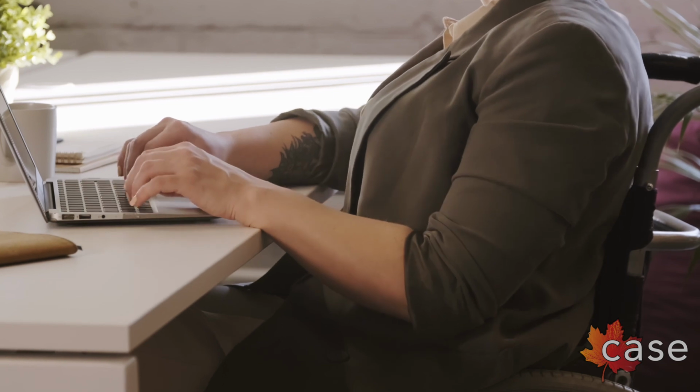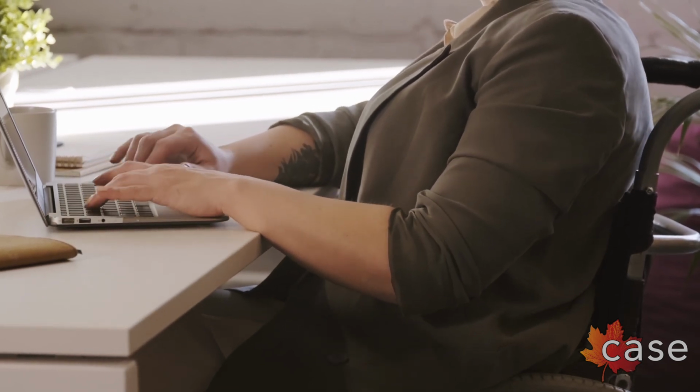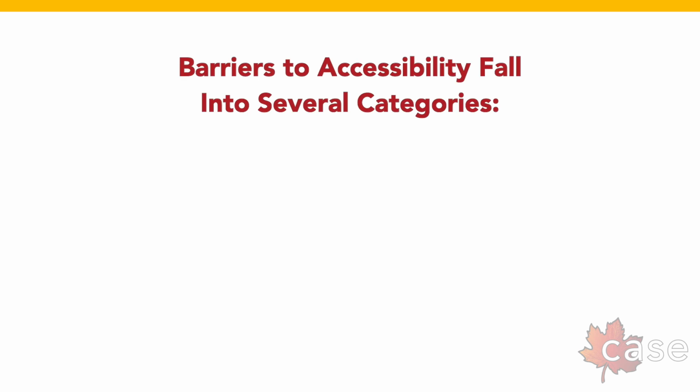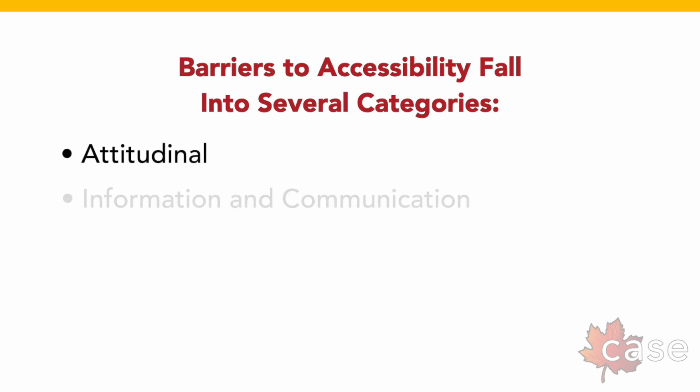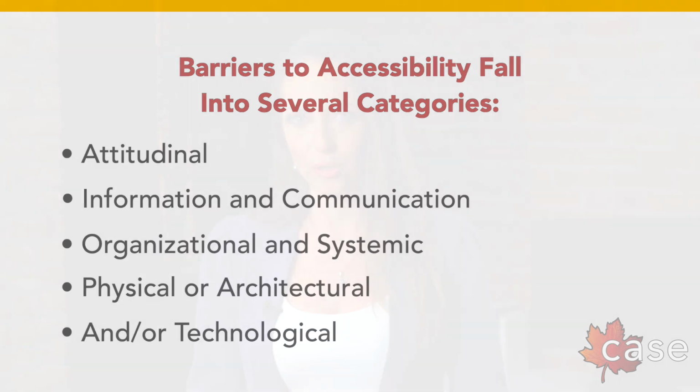Organizations that are not accessible prevent people who are experiencing disability from fully and effectively participating in the workplace and in society. Barriers to accessibility fall into several categories, including attitudinal, information and communication, organizational and systemic, physical or architectural, and/or technological.